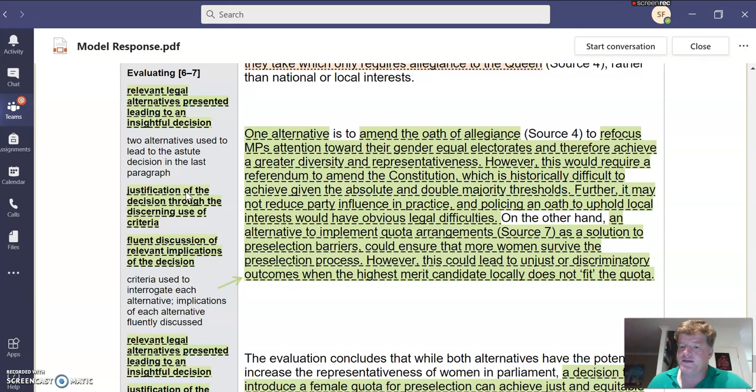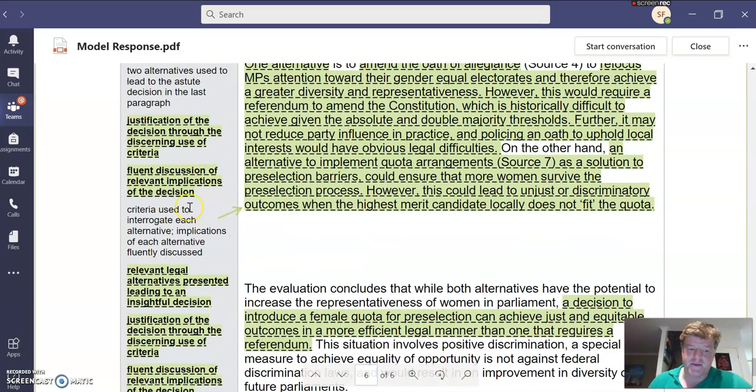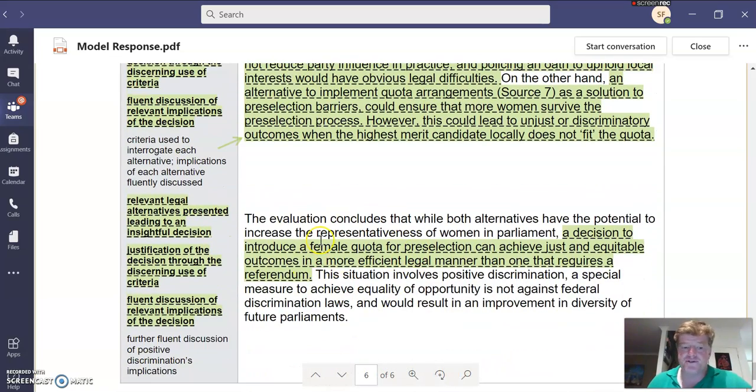The criteria they used here is representativeness, which is going to give you a better outcome to make Parliament more representative, discussing some of the implications, and then coming to a decision after the two alternatives have been presented, a decision that includes reference to criteria and discussing the implications of the decision.